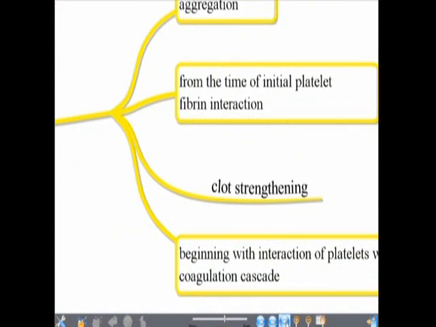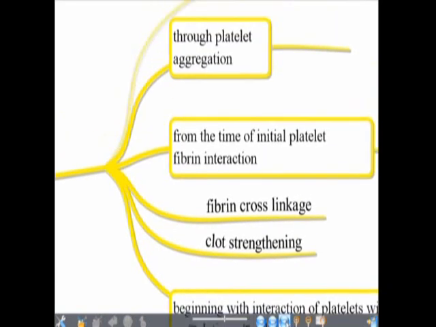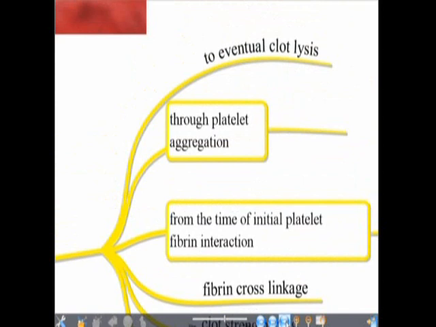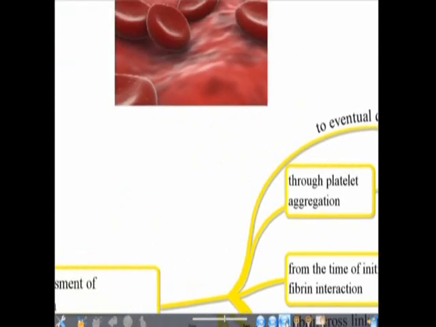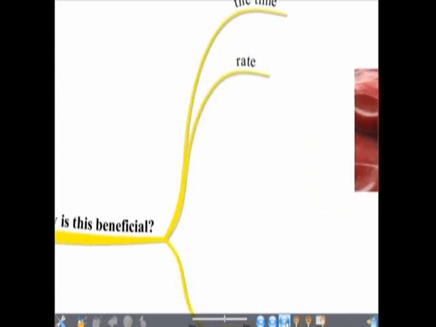This system gives you a graphical representation of all this, to the fibrin cross linkage of the sample to the eventual clot destruction. So it gives you the whole picture. It gives you, like I said before, the rate at which the clot is forming, the stability of the clot.